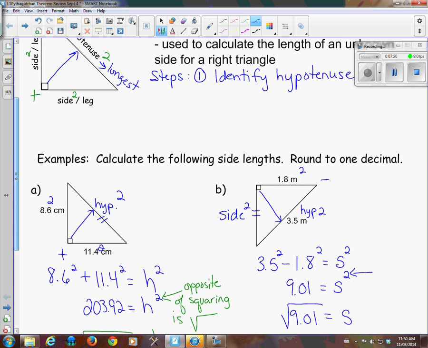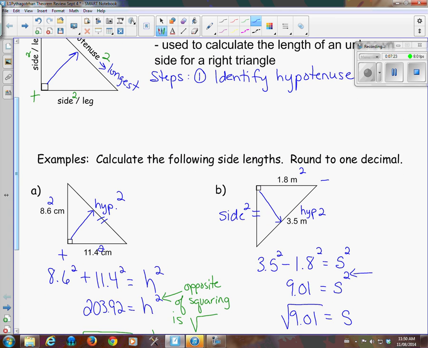Let's go up and finish our steps. So the first thing was to figure out which side was the hypotenuse. The reason we need to figure out which side is the hypotenuse is because that will tell us whether we're going to add or subtract. If there's a number on the hypotenuse, we subtract. If there's no number on the hypotenuse, we add. So our second step is to decide whether to add or subtract. You add to calculate the hypotenuse, and you subtract to calculate a side.